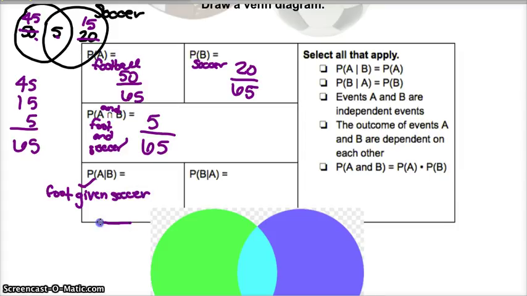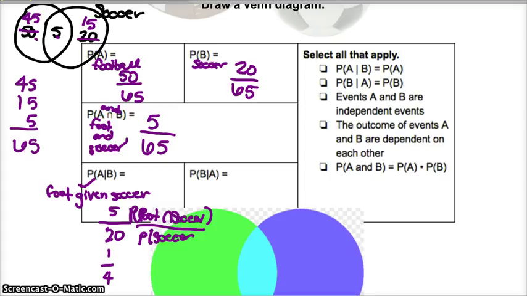So we're limiting the sample space by those that like soccer. So there are 20. How many people like football given that they also like soccer? Well, that's the probability of people liking football and the probability of people liking soccer, all over those who only like soccer. So it's 5 over 20, which is the same as 1/4.